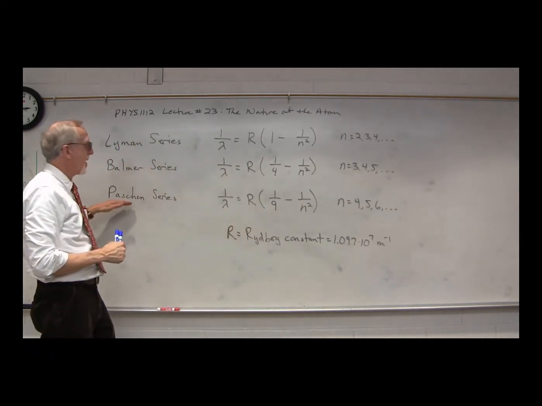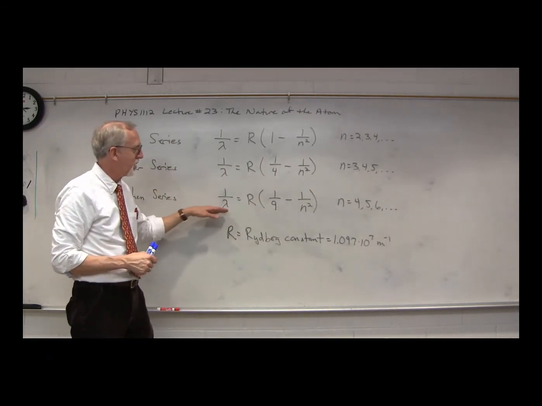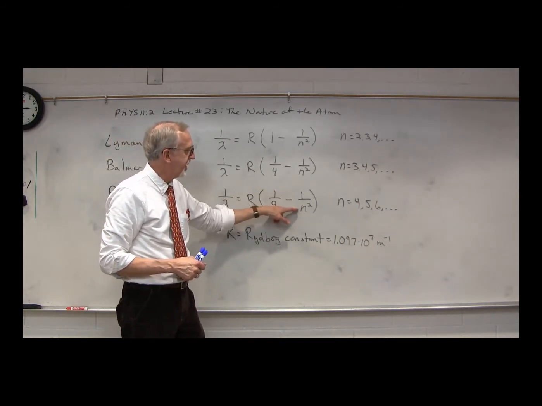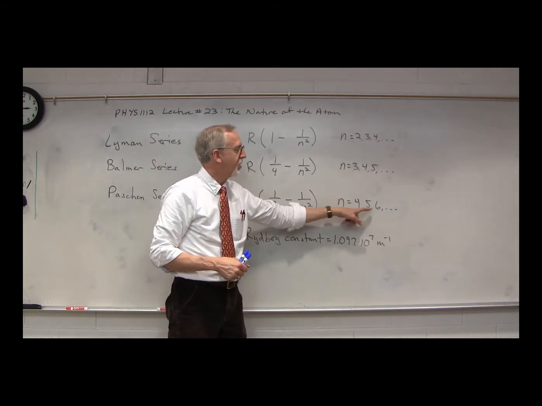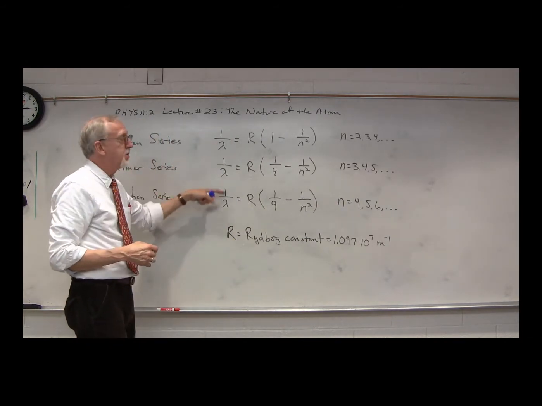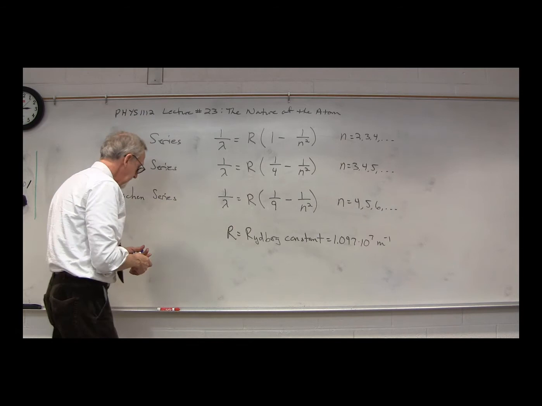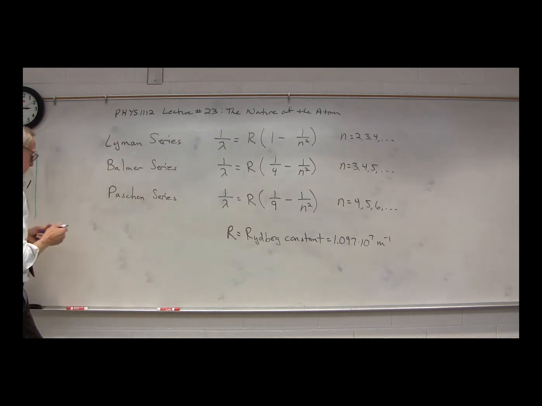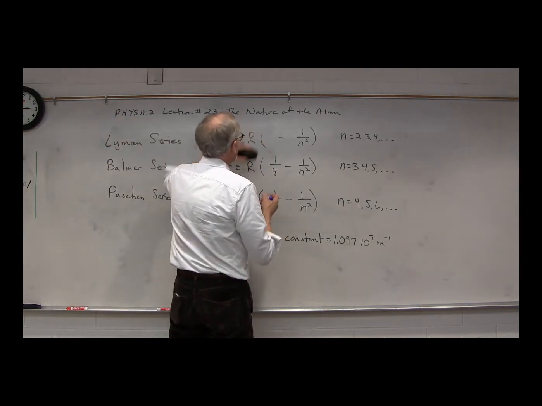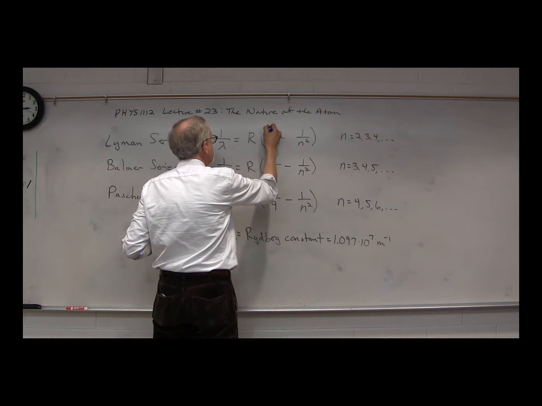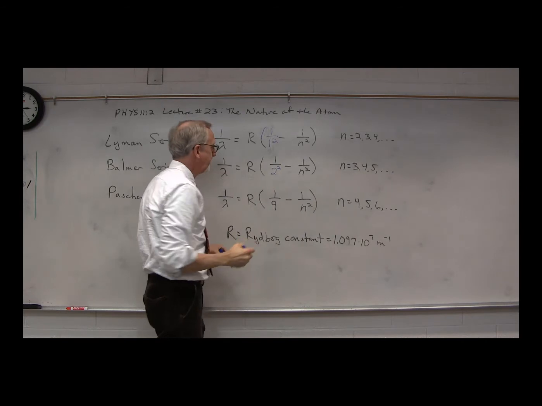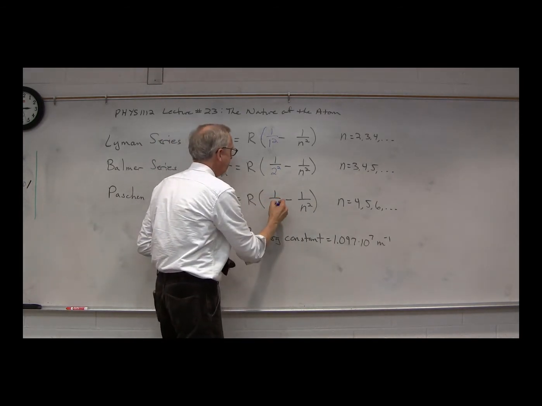The next is the Paschen series, which has the form 1 over lambda equals the same Rydberg constant times 1 over 9 minus 1 over n squared, where n has the values of 4, 5, 6, etc. Now, what do we notice? There's a similarity between these equations, and we can make that more obvious if we write 1 as 1 over 1 squared, 1/4 as 1 over 2 squared, and 1/9 as 1 over 3 squared.